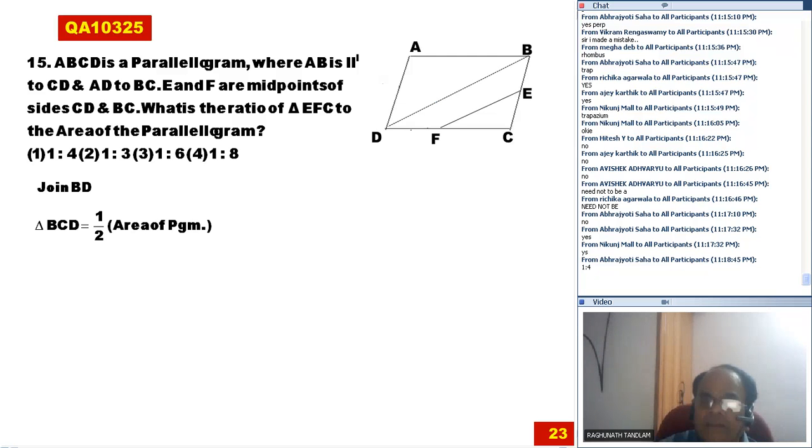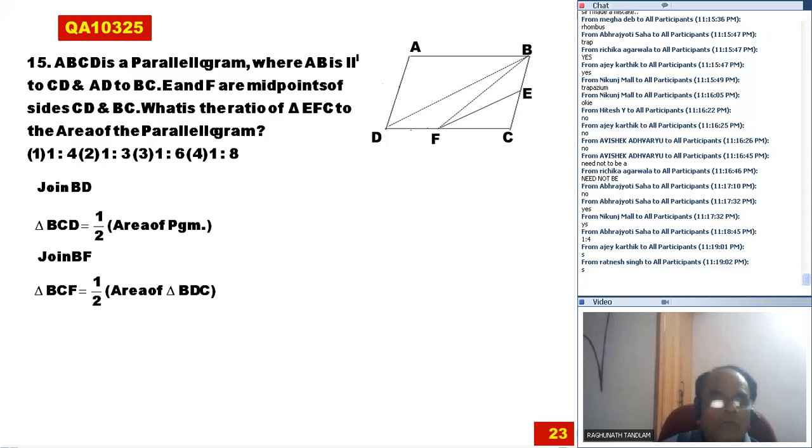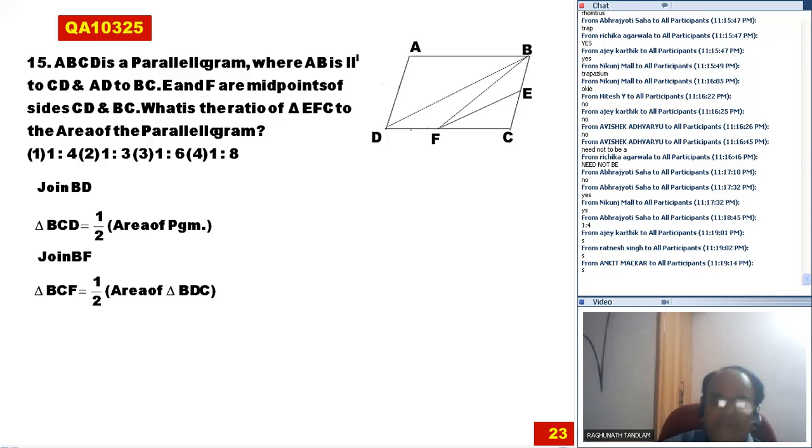Yes or no? Now, join BF. What's the area of triangle BCF? Half of the area of triangle BDC, therefore the answer is 1/8.